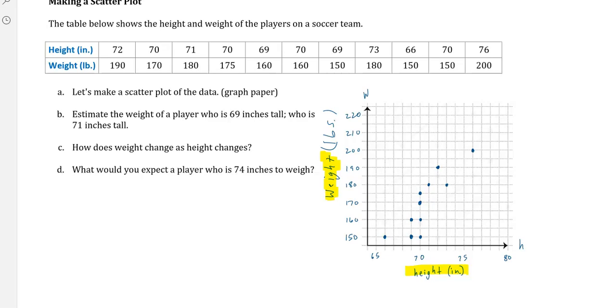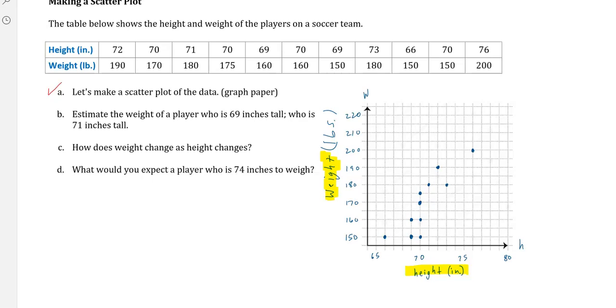Okay, so now that we've made the scatter plot, we can estimate the weight of a player who is 69 inches tall. Notice there are a couple people on the team that are 69 inches tall. One person is 150 pounds, another person was 160 pounds.